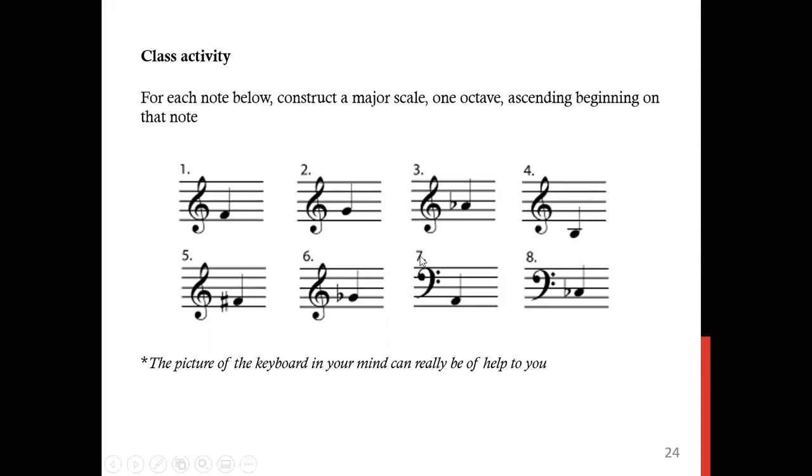So when you have previously constructed all the major scales, now you will look at your collation and try to construct the minor of it. All right. Try to construct the minor of it. Okay. So that's what you're going to do.